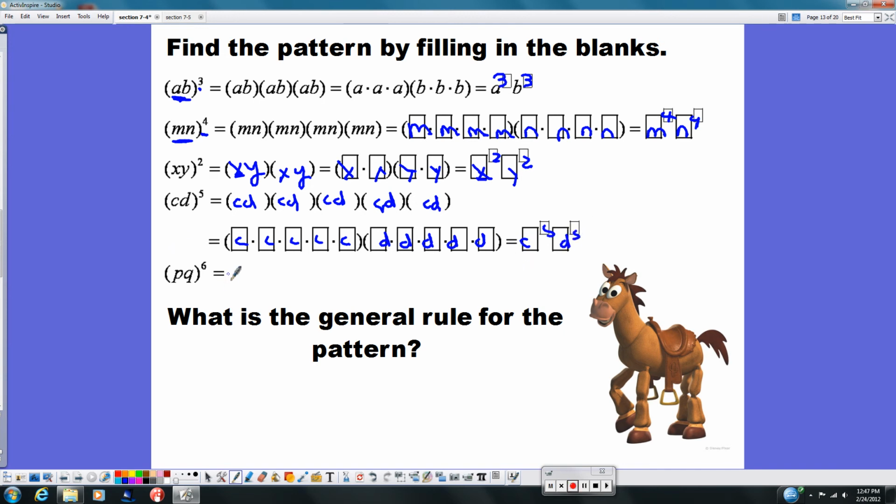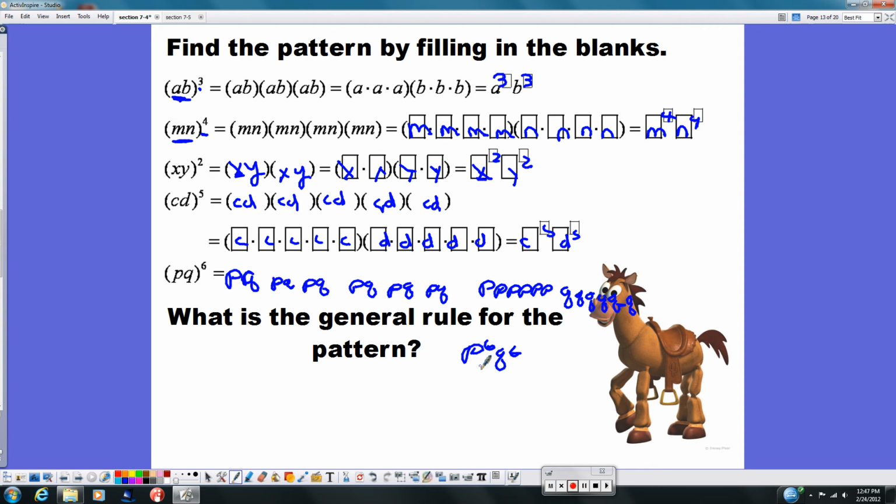And finally we would have 6 PQ's. So that's 6 P's and 6 Q's for P to the 6th, Q to the 6th.